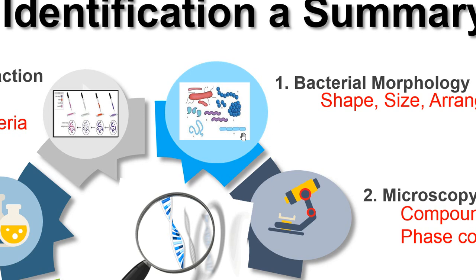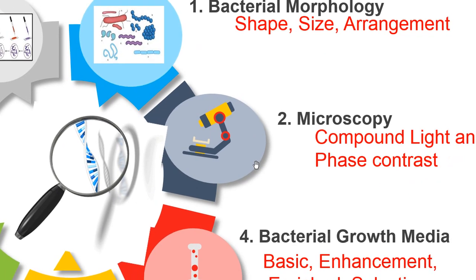Now, how are you going to look for these bacterial shapes, sizes, and arrangements? Definitely you need some tool, because these are very tiny organisms that we cannot observe with our naked eyes. So we need help, and this help is provided by different microscopes.